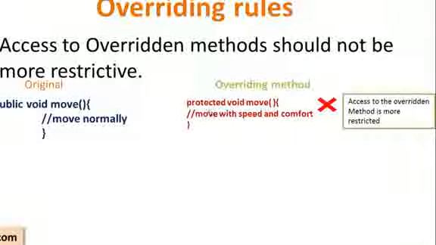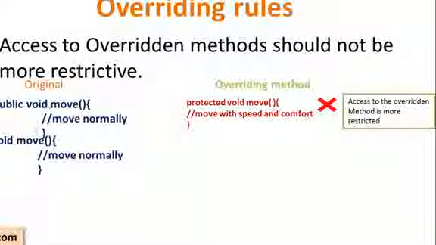It is because, believing that this method is going to be public, most of the outside packages would have been trying to access this method, and if you suddenly make it protected, what happens is that this method might not be visible to some other packages. So this kind of overriding is not acceptable.